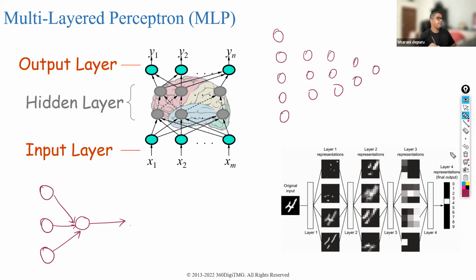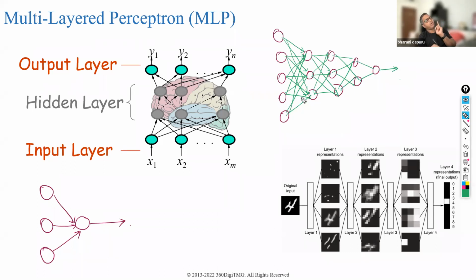If every neuron is connected to every other neuron, let me establish connections in that way. This also should be connected to these 3. This also should be connected to these 3, 2.